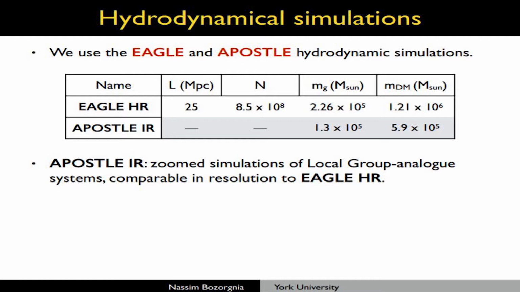And Apostle is zoomed-in simulations of local group analog systems, so Milky Way and Andromeda-like galaxies, and they are comparable in resolution to this Eagle high-res. So we used intermediate resolution Apostle, which is similar to Eagle high-res.